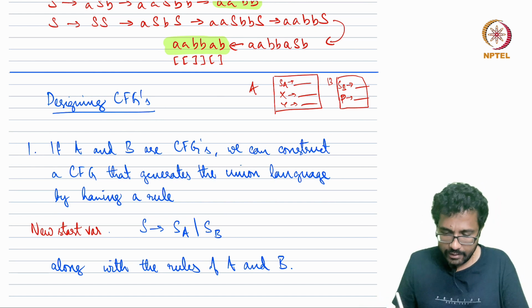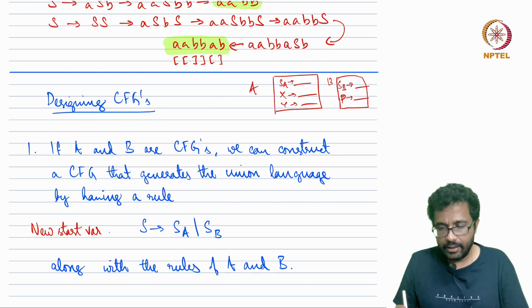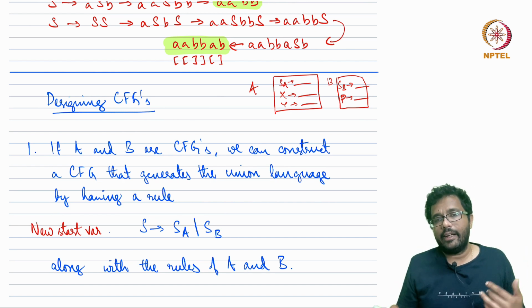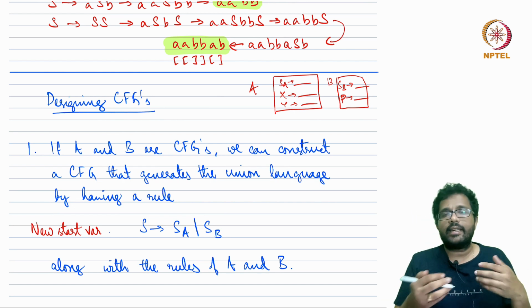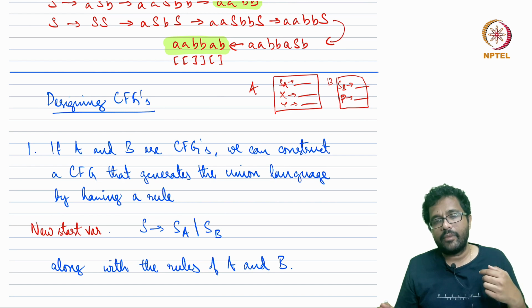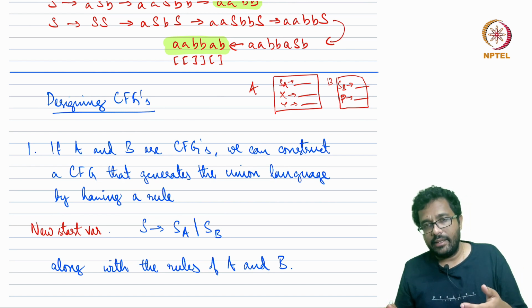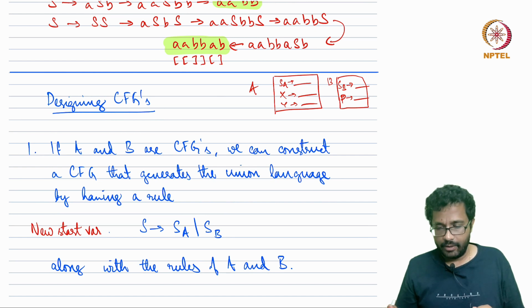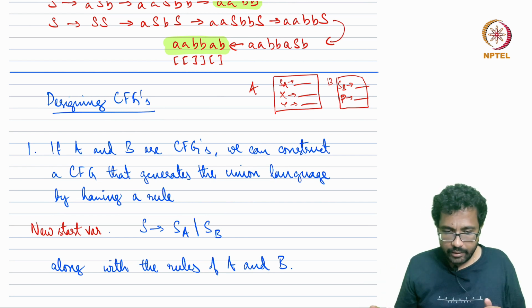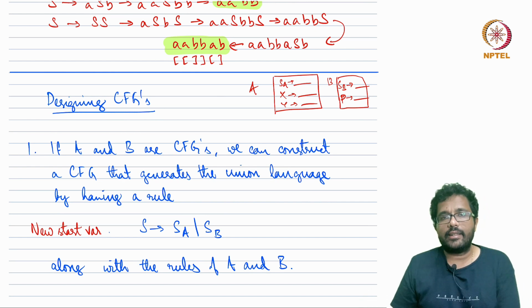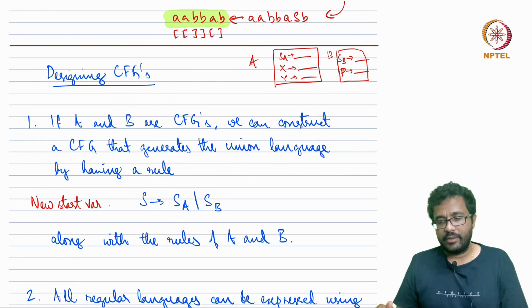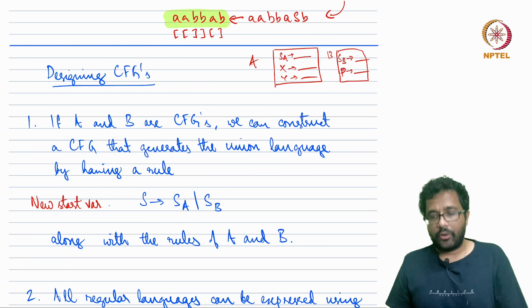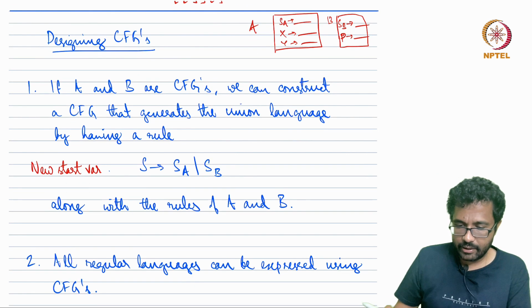So this is two rules, S yields SA and S yields SB, and then you have all the rules of A and all the rules of B. Now either S can yield SA and then SA can yield any string generated by A, or S can yield SB and SB can yield any string generated by B. This is how we can get any string generated by A or B, meaning the union language. So context free languages are also closed under union. That's the learning here.